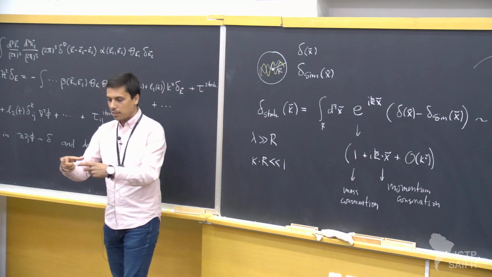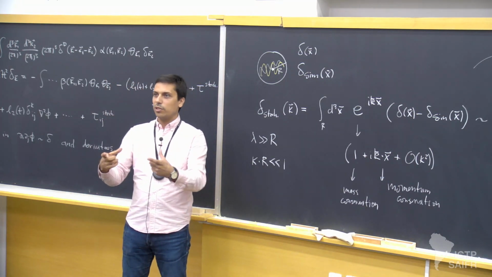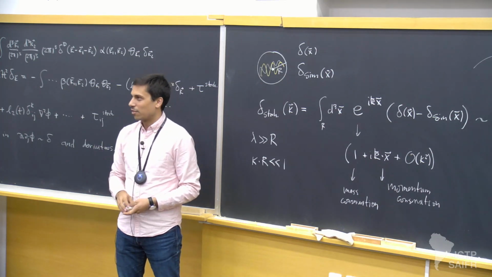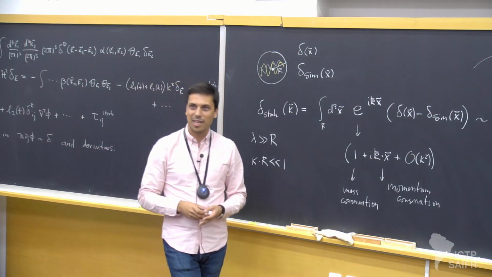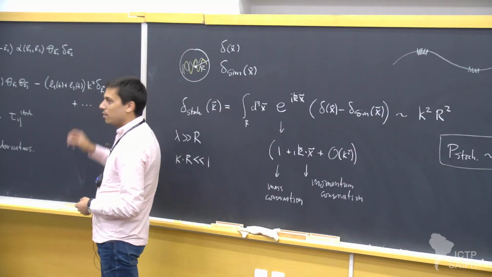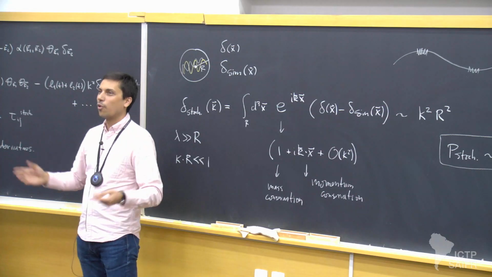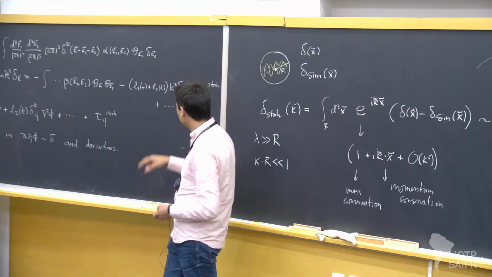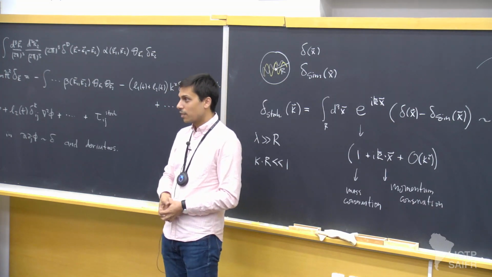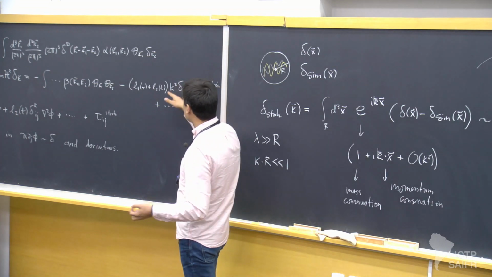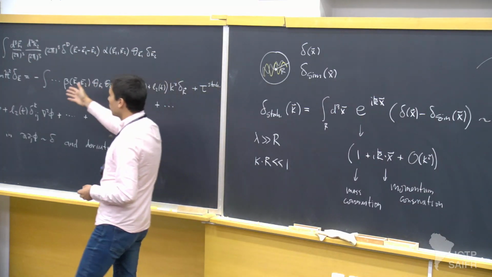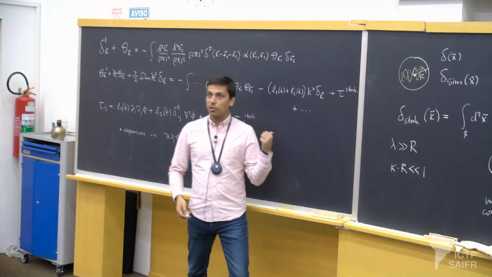R is some typical scale where your perturbation theory doesn't work anymore. So let's say it's a few megaparsec or something like that, 10 megaparsec. And if you ask how big is the k that you're interested in, let's say k roughly 0.2 or 0.1 or something like that, you see that this term is significant. It's not small. It can be like, I don't know, 10% of the contribution to the equations of motion. So it's a big, important term.